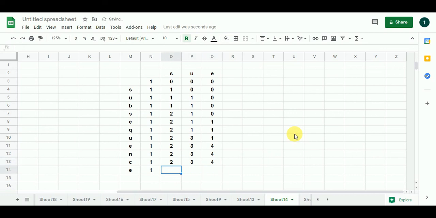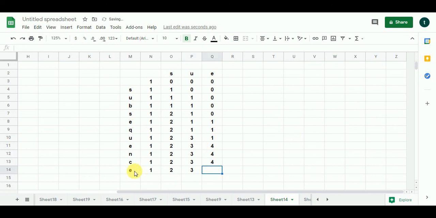Now we have come to the last row, and we are so close to finding our answer. Calculating the value of this cell, E doesn't match with S, so I'm going to get 2, which is the value from the top. Then E doesn't match with U, so I am going to get 3, bringing this value from the top.